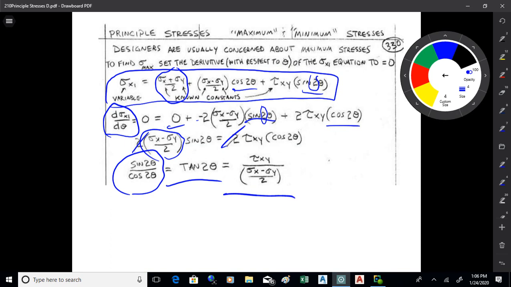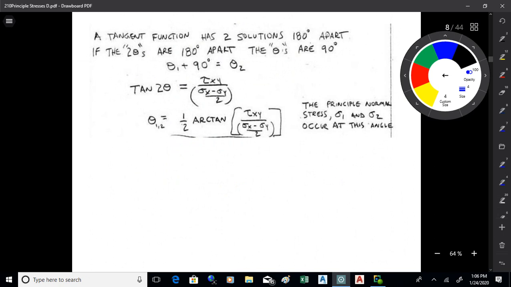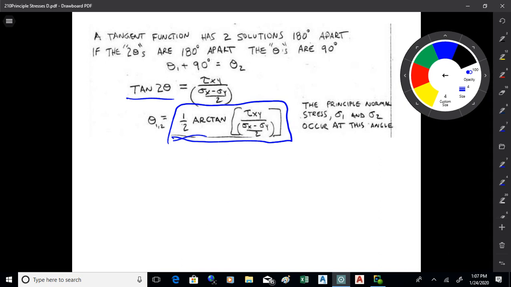Now, if we want to know the angle, we have to take that expression and solve it for theta. So theta would be 1/2 arctan. We take the inverse tangent of both sides and get 2 theta is arctan of tau xy over (sigma x minus sigma y) over 2. And then that's 2 theta, so we have to divide both sides by 2. So the actual angle is 1/2 arctan of tau xy divided by (sigma x minus sigma y) over 2.